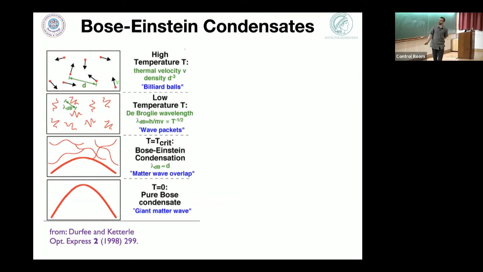We've also heard a lot about it. Maybe let me run through this standard cartoon extra fast. Right, so we're just going below the condensation temperature so that all these atoms that normally necessitate a complicated many-body description, they just enter that one giant matter wave.